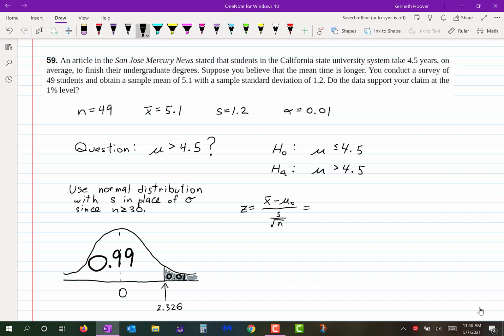Okay, so let's see here. We have 5.1 minus 4.5 over 1.2 divided by the square root of 49. You just put those numbers into a calculator. Comes out to be 3.5.